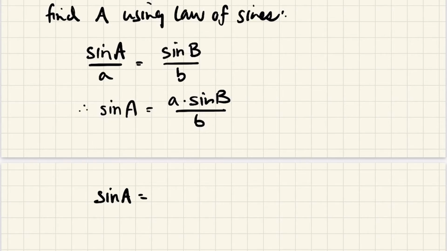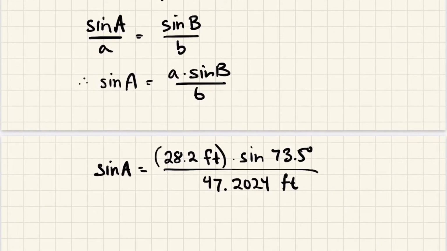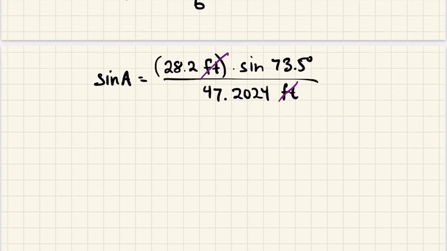So little a is 28.2 feet. And capital B was given to be 73.5 degrees, divided by little b, which we calculated to be 47.2024 feet. And of course the feet cancel, giving us a unitless ratio.